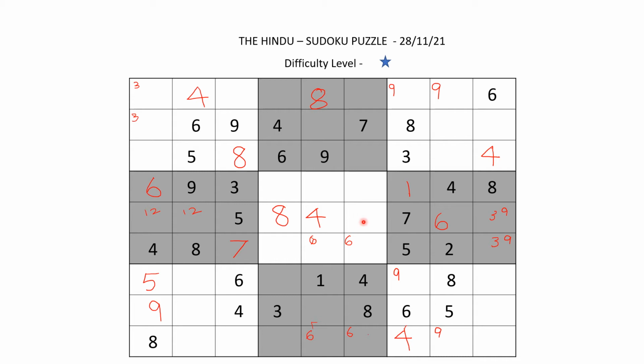Now clearly this cell can take 3 or 9, because you have a cell which has a pair 3 9. That means this cell will also take a complementary pair 3 9. So let's fill it with 3 9. This means this row is almost complete now.